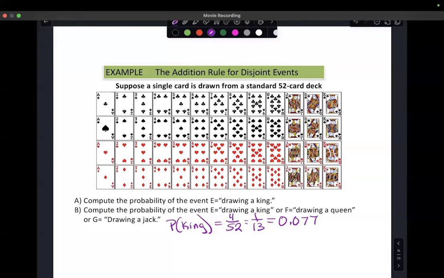Okay. So right, 1/13, good. So the probability of just a king is 1/13. So go ahead and now do the probability of king or queen or jack. This one's actually fairly simple because they're the same.